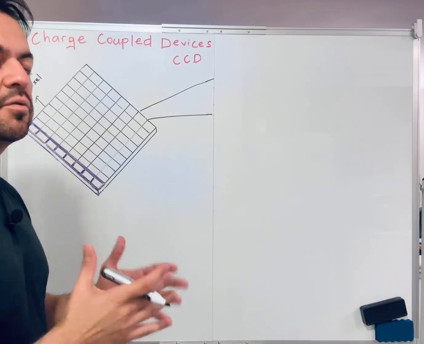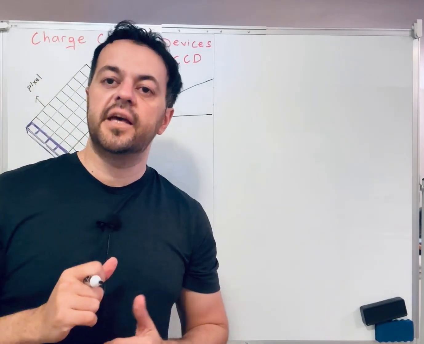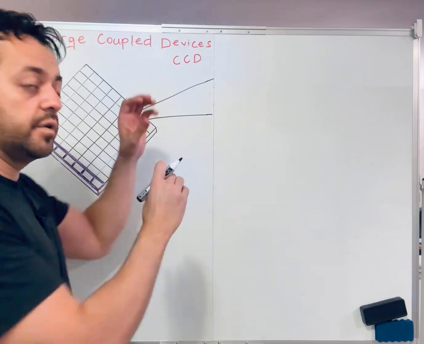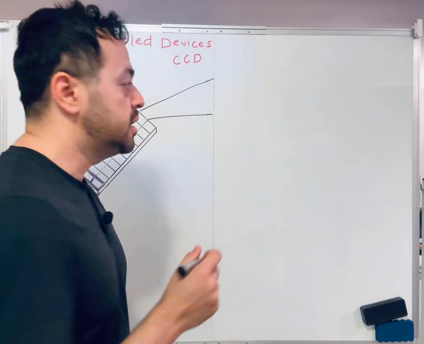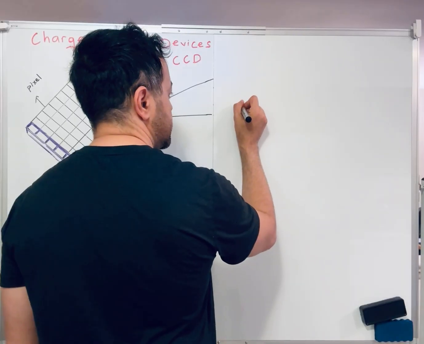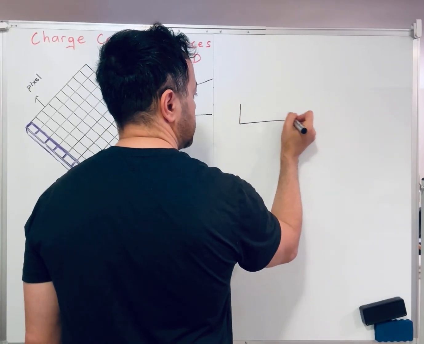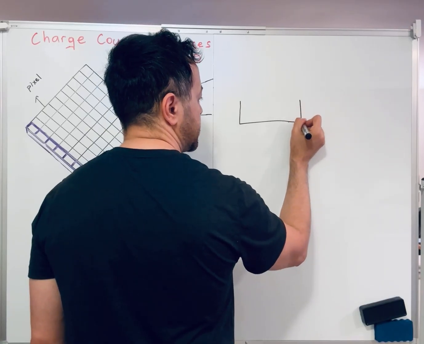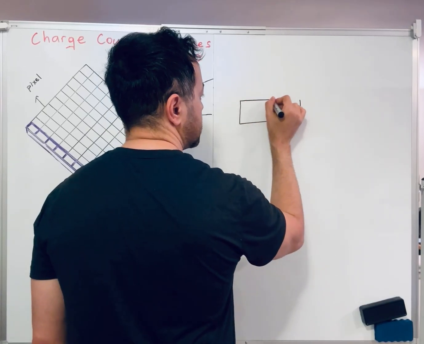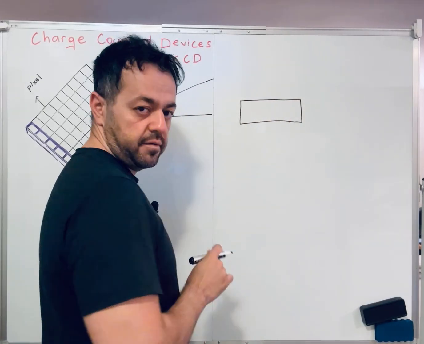When we enlarge one of these pixels, we should be able to see a few layers if we flip it and look from the side. First we see a substrate. The substrate is made of silicon, called p-type silicon.